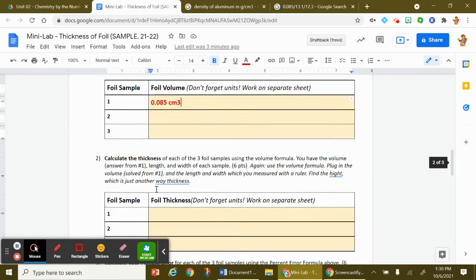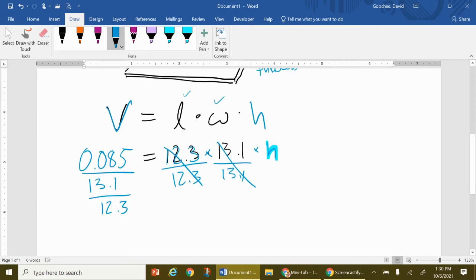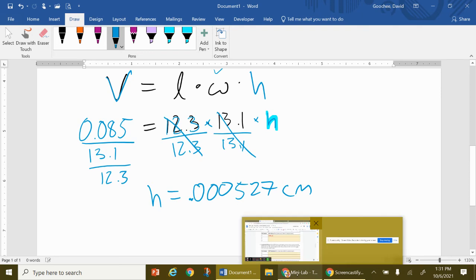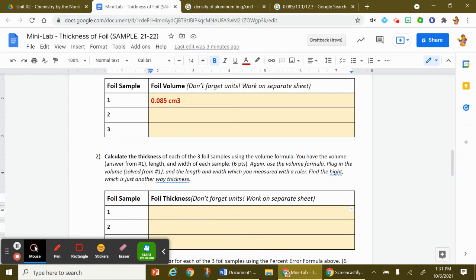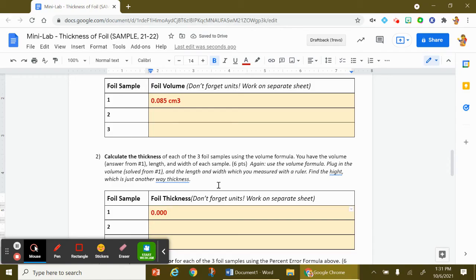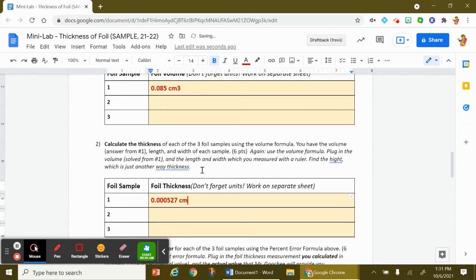So the answer is, height is equal to 0.000527 centimeters. Okay, so let me just write that down here. It's equal to 0.000527 centimeters. All right, there we go.